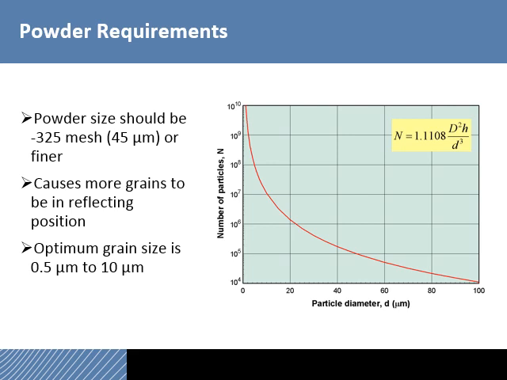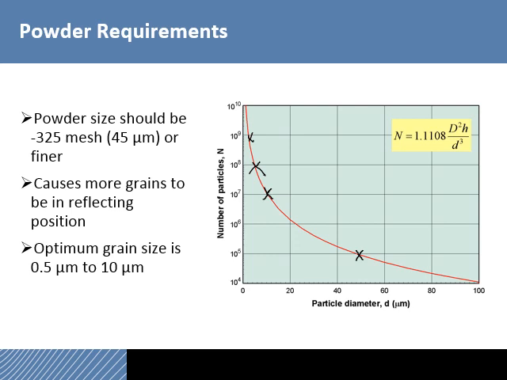If you look at the 45 micron position on here, you're generating about 100,000 particles. Once you get down to that 10 micron range, down to 1/2 micron, of course, you're at 10 to the 7th, 10 to the 8th, 10 to the 9th, and so forth.